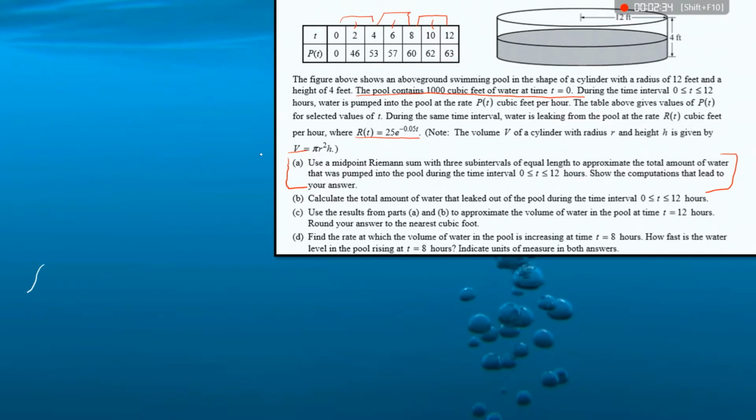So this is the integral from 0 to 12 of P(t) dt, which is roughly equal to, you said our base, 4 times P at 2, plus 4 times P at 6, plus 4 times P at 10. Okay, that all looks good.